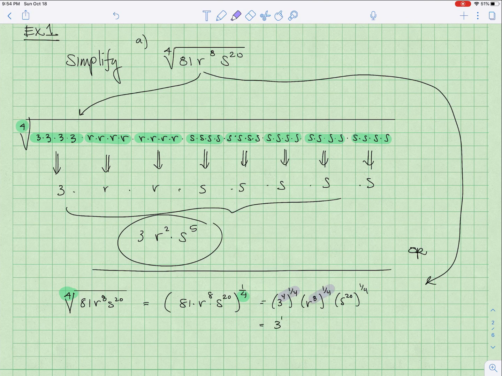We'll multiply 8 times the 4th, or 8 divided by 4, is the 2nd power. And then finally 20 divided by 4 is the 5th power, and we end up with 3r squared s to the 5th. Quite a bit faster, and without writing all of that out, we see that we get the exact same answer. So it's that shorthand exponential notation that's really going to save the day here.